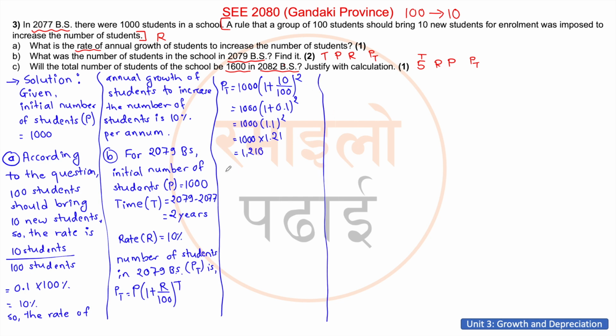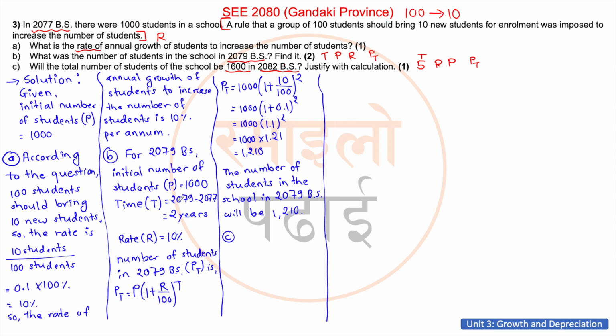So the number of students in the school in 2079 BS will be 1210. Like this, we have solved question number B.